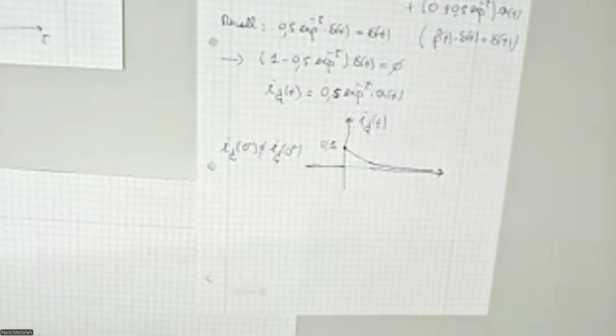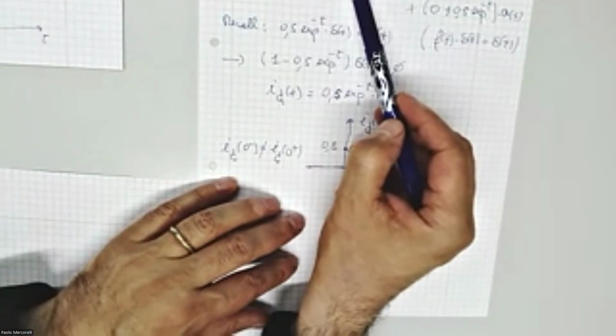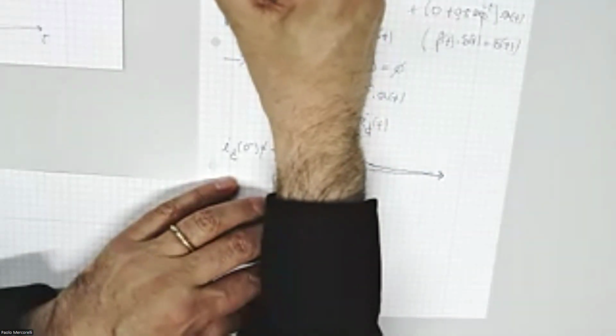We have seen also last time. It's just the partial derivative, for t larger than or equal to 0.